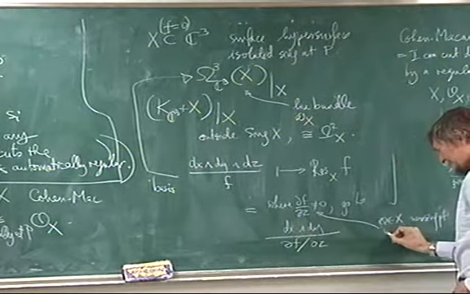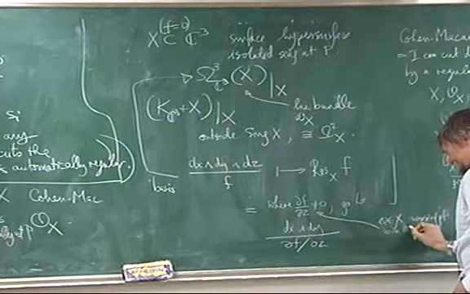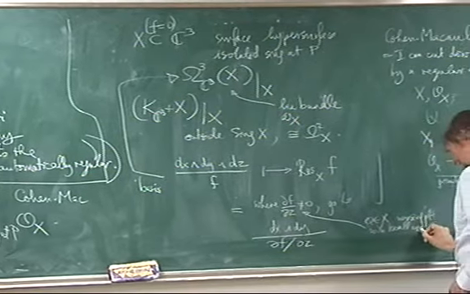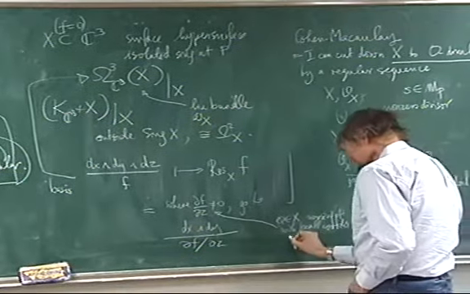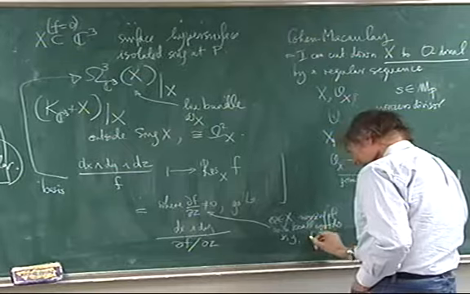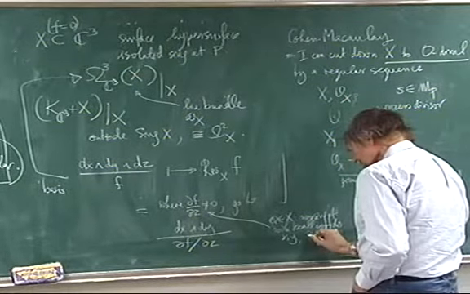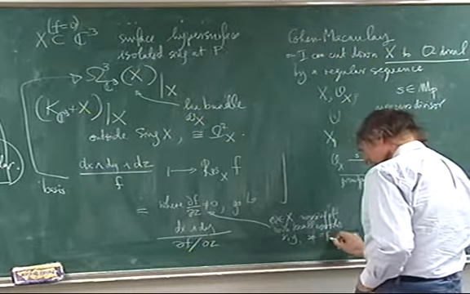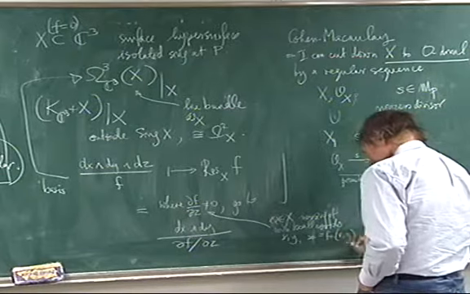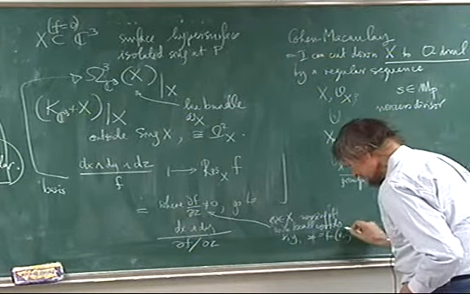It's a non-singular point with local coordinates x, y, and z equals a function of x and y. This is the implicit function theorem.